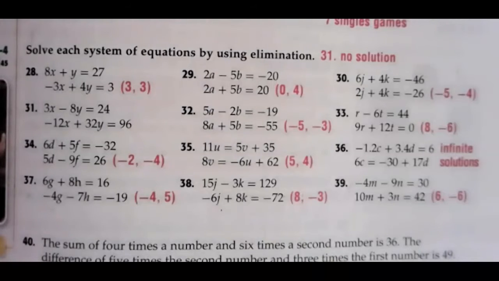So when you simplified, you got 0 equals 0, which tells me that any value for c and d will work. 37, you got g is -4 and h is 5. 38, j, 8, k, -3. 39, m, 6, n, -6.